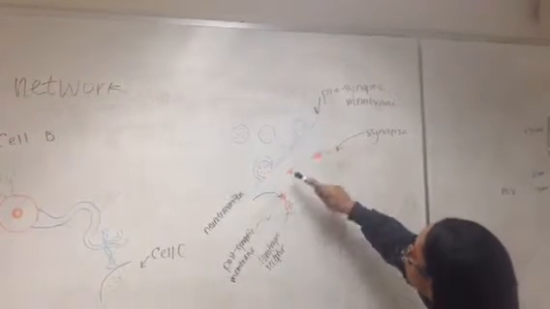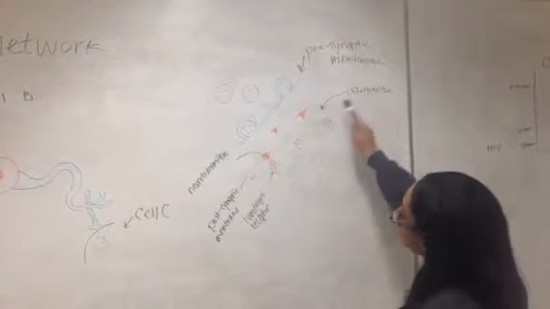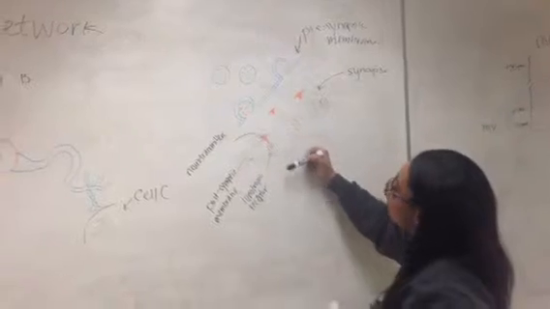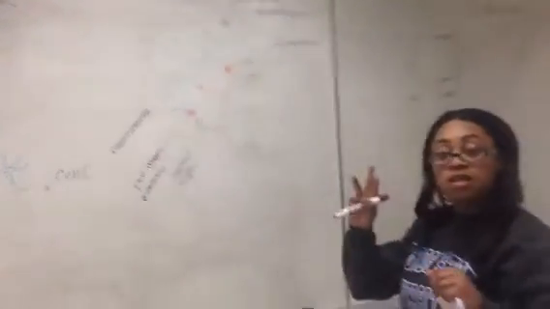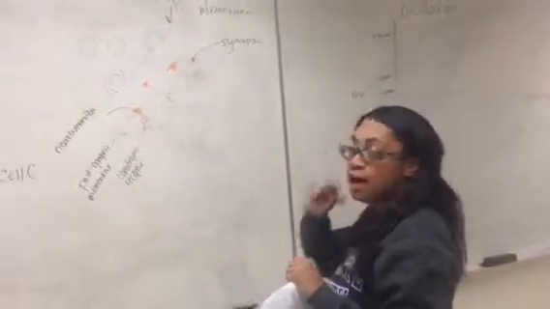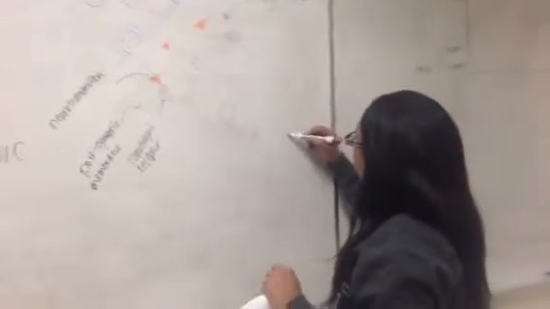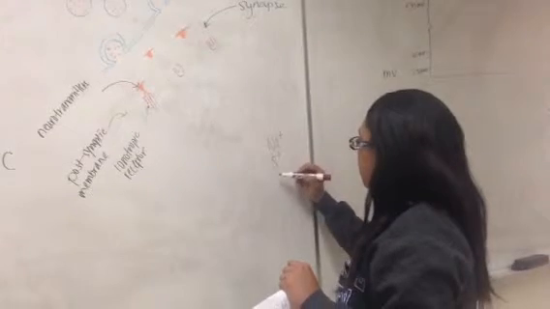Okay, so we got synaptic vesicles binding to the presynaptic membrane, which triggers the release of neurotransmitters into the synapse. And once the neurotransmitters bind to the ionotropic receptor, this opens a channel which will allow the movement of 3 different ions into the cell. These 3 different ions are sodium, potassium, and calcium.